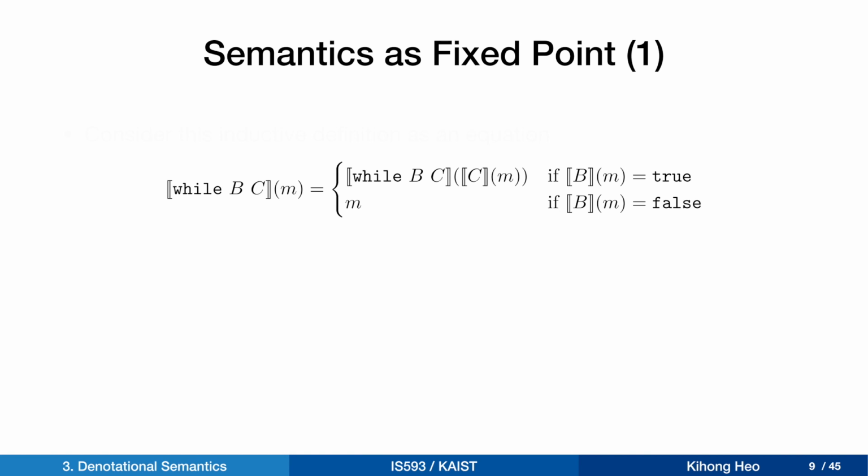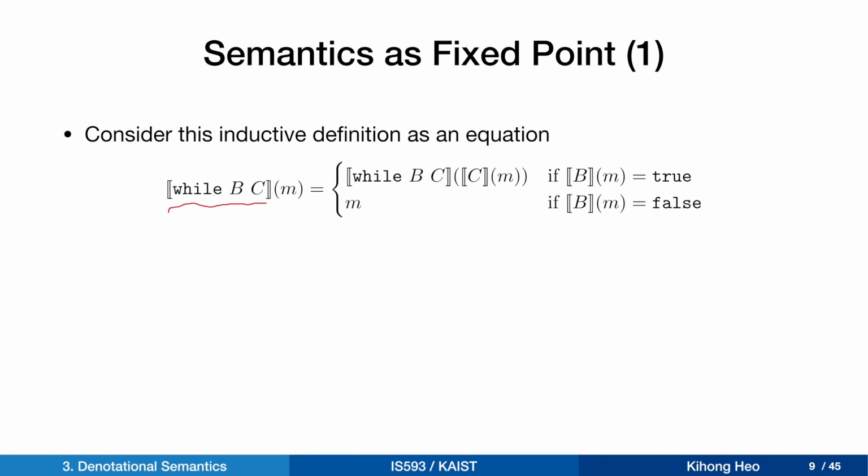So let's first define this inductive definition as an equation. Okay, so notice that we have the same component on the left hand side and right hand side of the equation, which is the semantics of while. Okay. Then we can simply rewrite this equation like this by introducing a function f here.